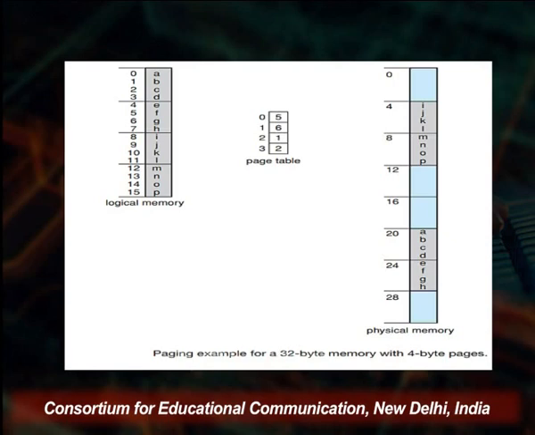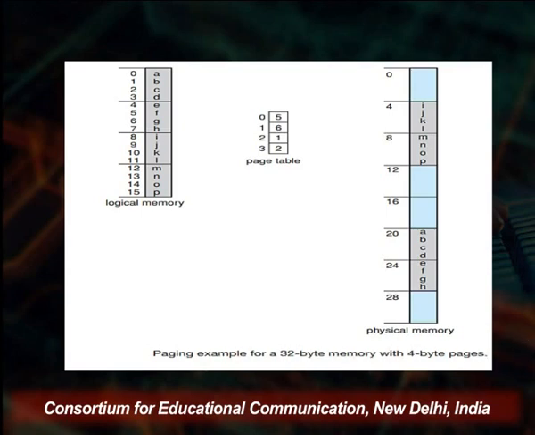So, if you can see in the physical memory, here we have given a paging example for a 32 byte memory with 4 byte pages. So, every page is of 4 bytes, as you can see inside the logical memory, or inside the physical memory. So, these 4 bytes are, let us say, A, B, C, D, that is going to make one page.